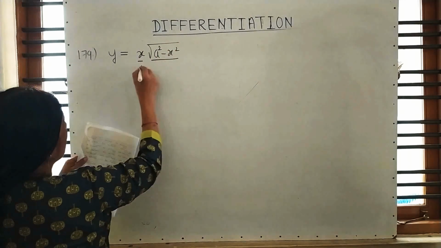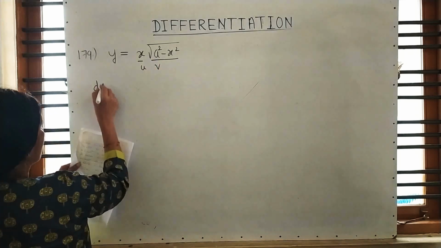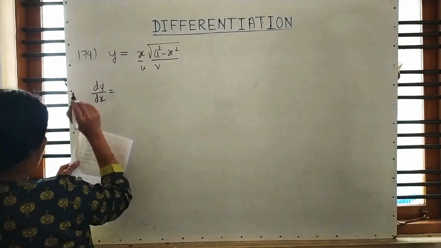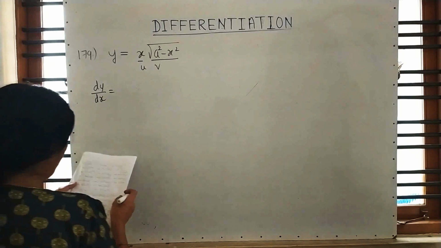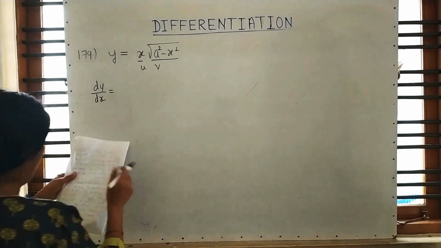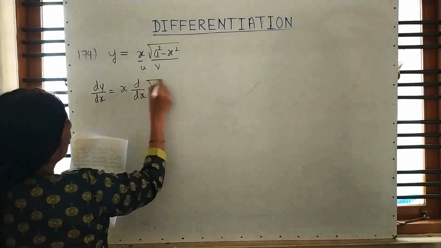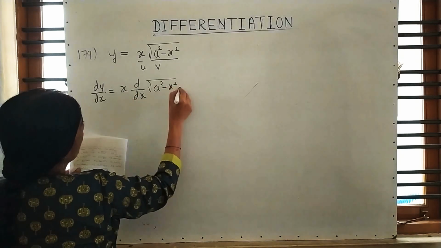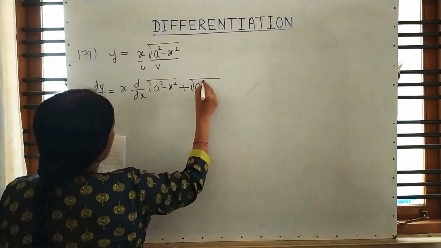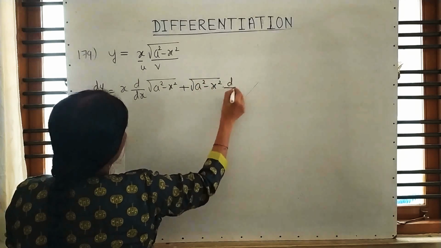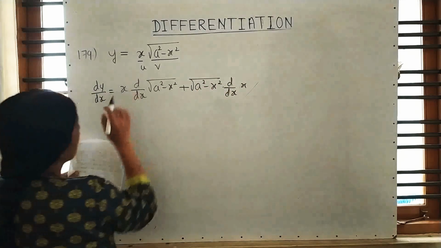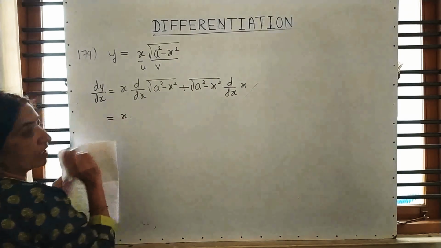Again u into v. dy upon dx is equal to 1. Write one more line, that is differentiating with respect to x. X into differentiation of root of a square minus x square plus a square minus x square into differentiation of x. Before differentiation, the term we kept as it is.